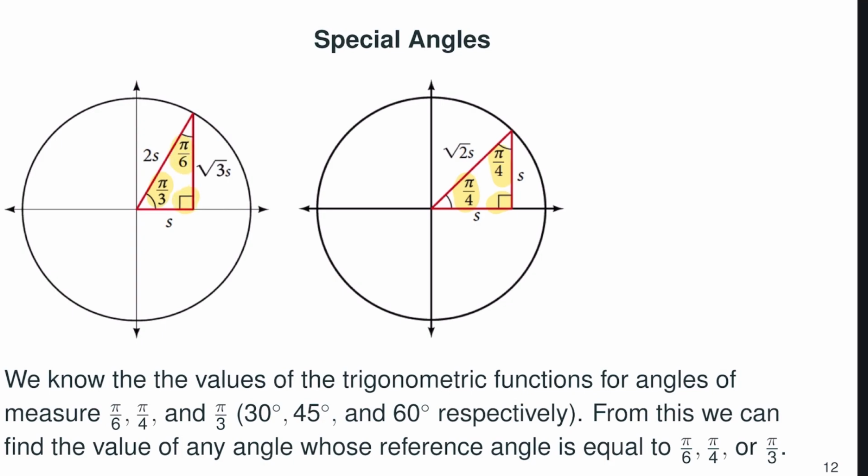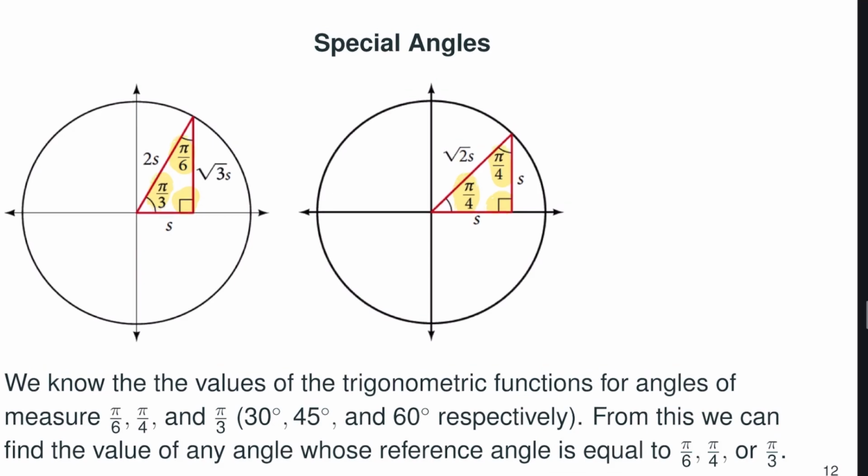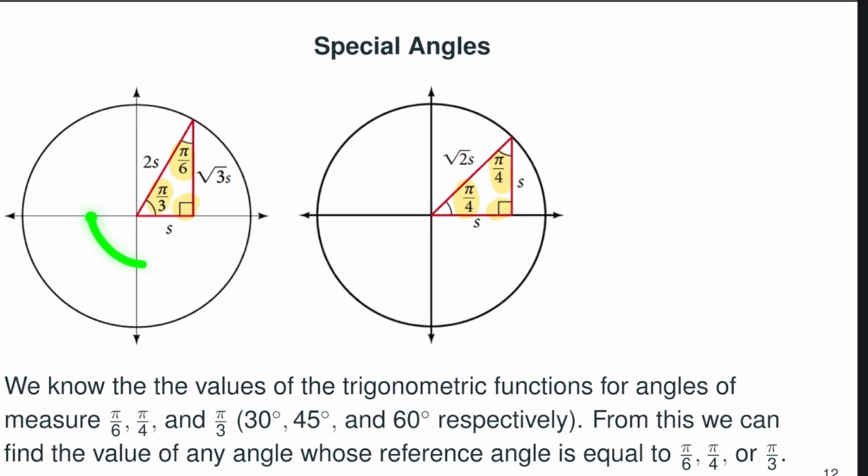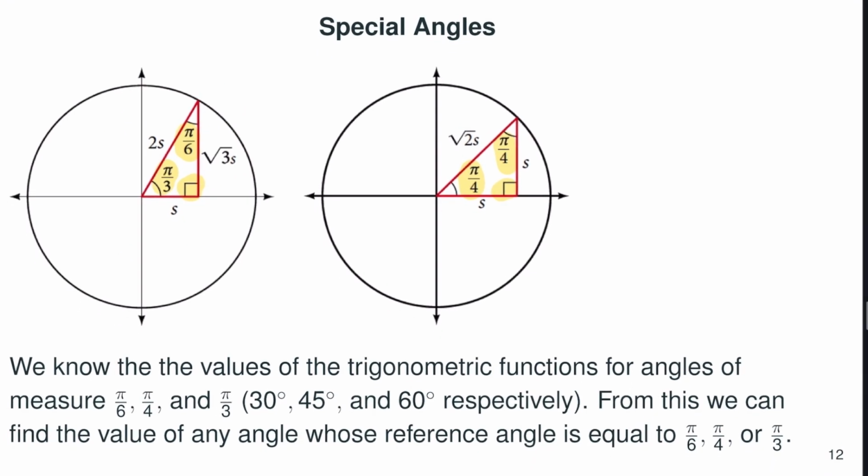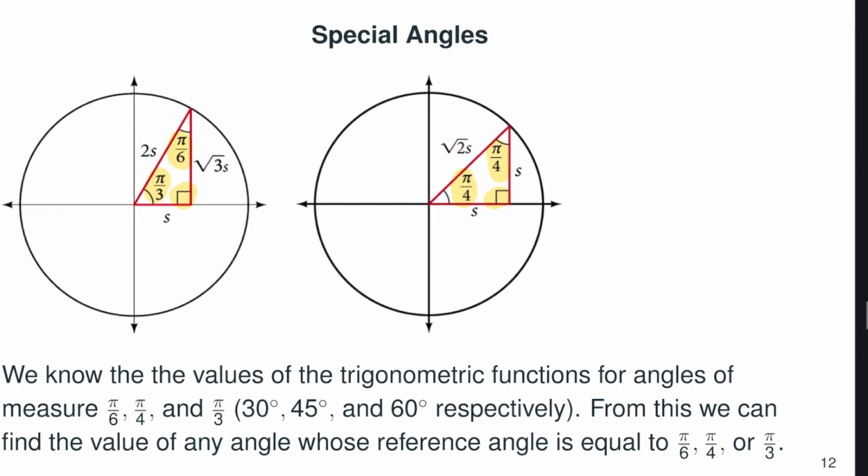This is also known as the 30-60-90 triangle for the left one right here, and the 45-45 isosceles triangle for this one right here. The reason this is significant is that we can use the ratios. From geometry, we know that once we have such a triangle, there's a special ratio.